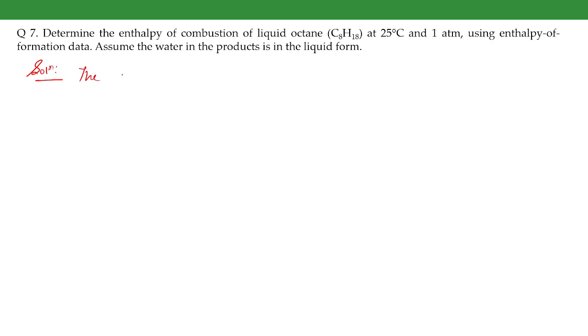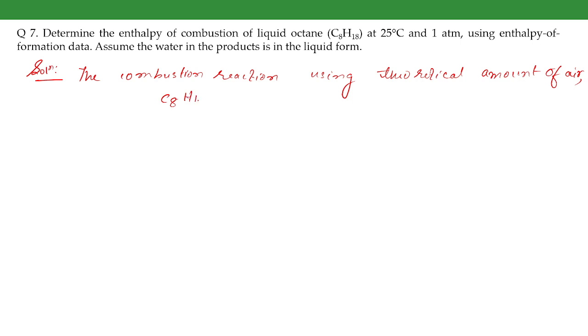The combustion reaction using theoretical amount of air is C8H18 plus, let it be the theoretical amount, which is close to what we have determined, 12.5 oxygen plus 3.76 nitrogen.